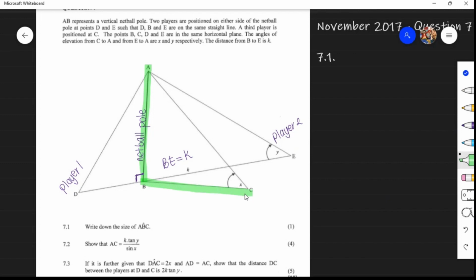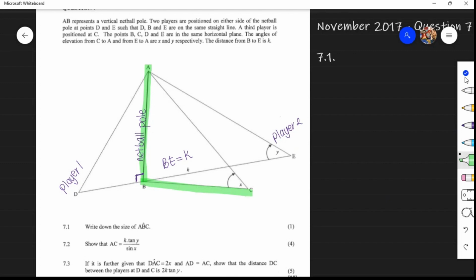Now, if you remember what I previously mentioned, B, D, E, and C are all points on the ground, which means that C is a point on the ground and AB is the netball pole, and any pole is always built perpendicular to the ground.